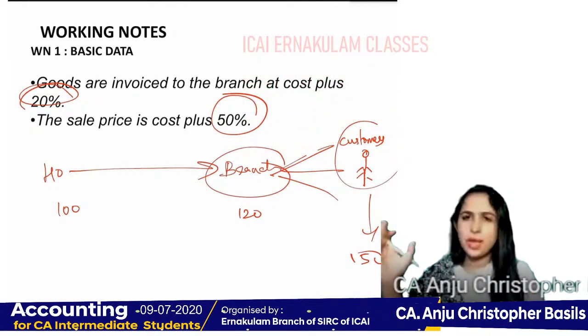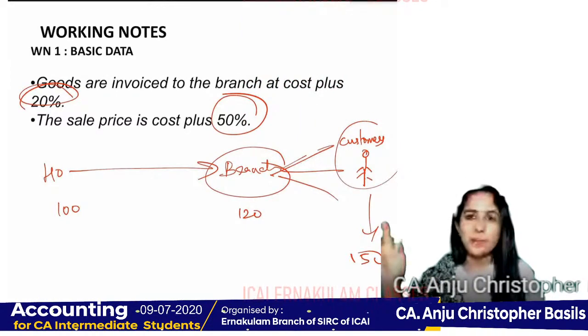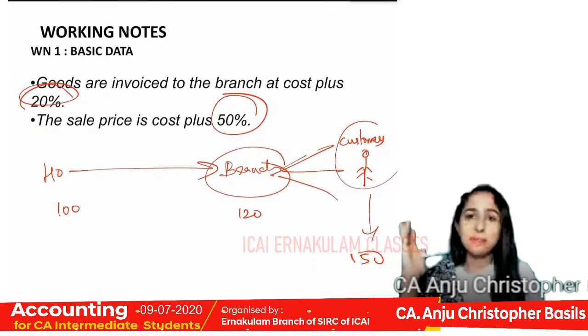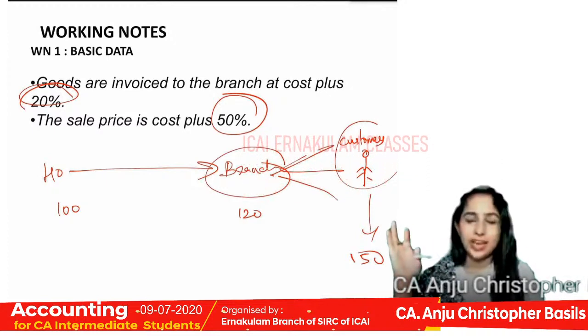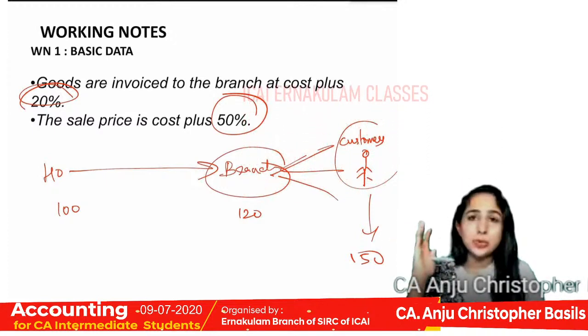Okay, I want a response from everybody. The closing stock computation, let everybody complete that and drop in a message. The profit, how to compute, we will work it out together. I just want everybody to do this.